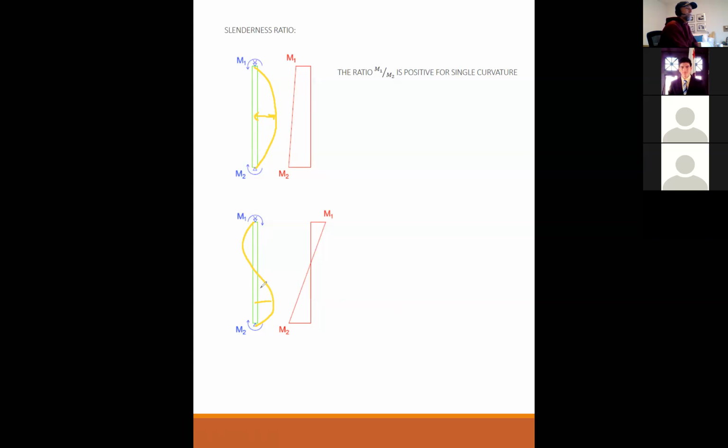Here these two take away from each other, so the actual maximum deflection at midspan is quite minimal. So this is a much better situation for P delta than that one. In this case, M1 over M2 positive hurts you, and M1 over M2 negative helps you. Makes sense. Thank you.